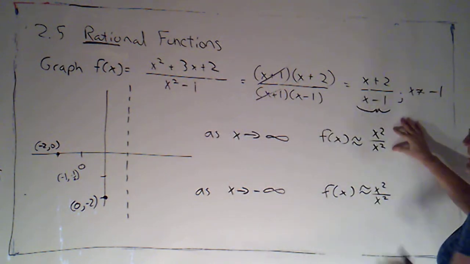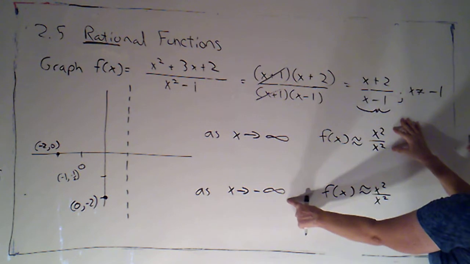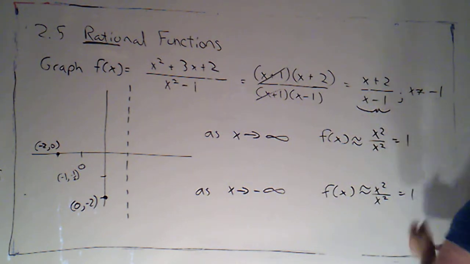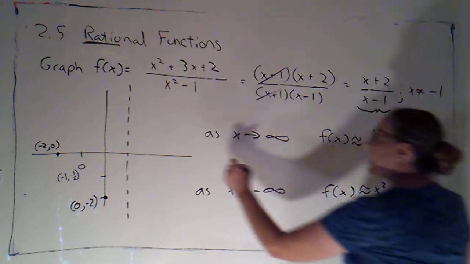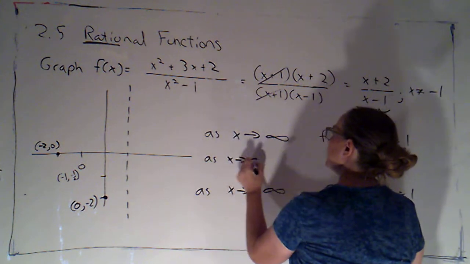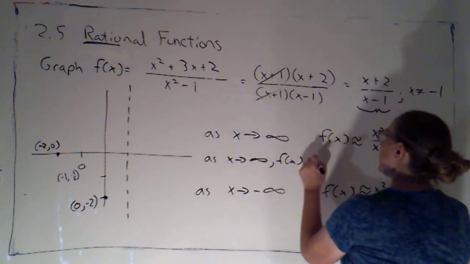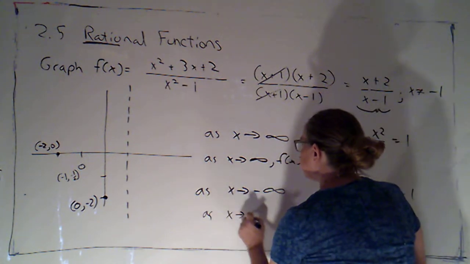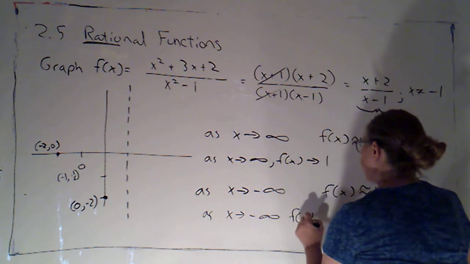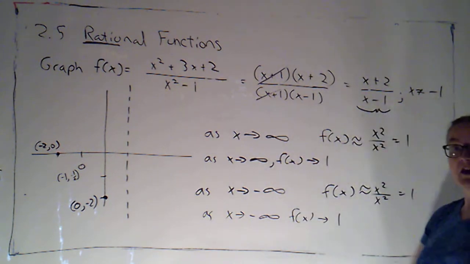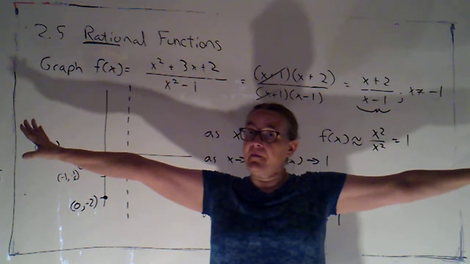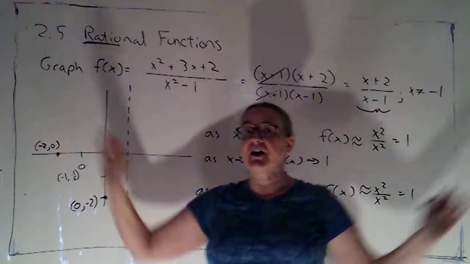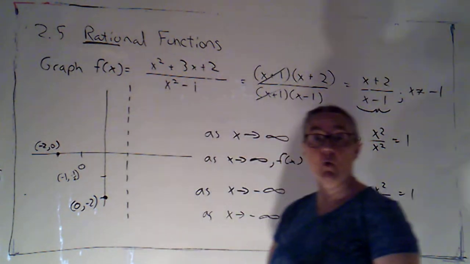And of course, if we're going off to infinity or negative infinity, x isn't 0, so I could just cancel this, and this would be 1. So I can say, as x goes to infinity, f of x goes to 1, and as x goes to negative infinity, f of x goes to 1. So really far out on the graph, the y values of my function are going to be getting really, really close to 1.